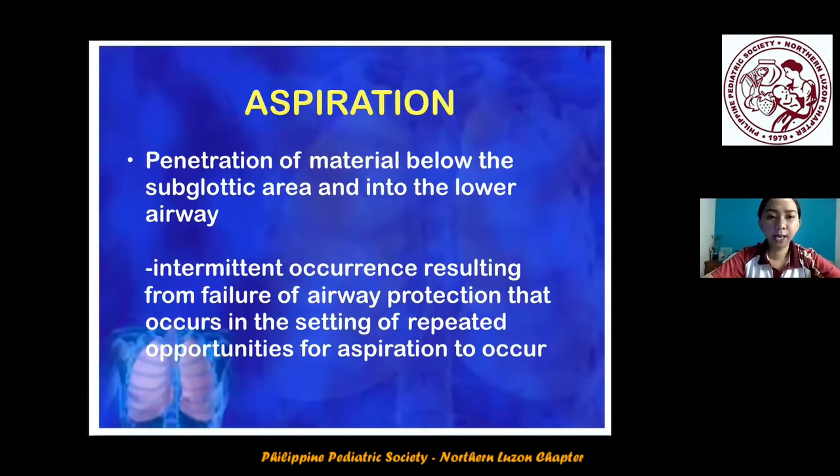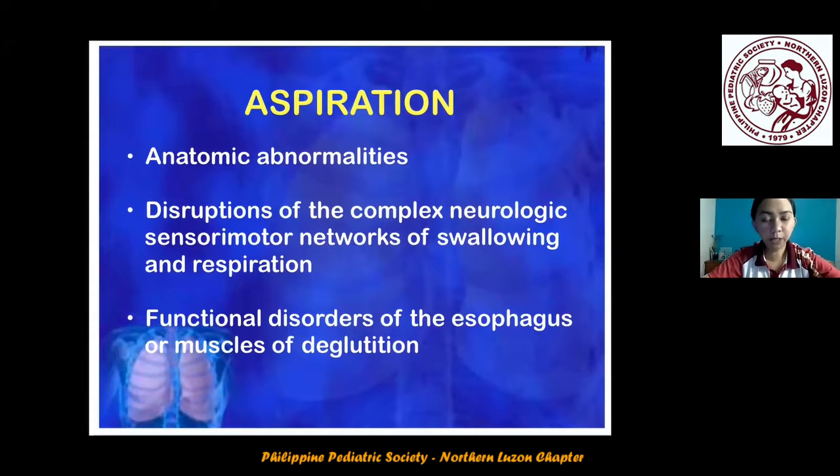Failure in coordination of swallowing and respiration may be due to anatomic abnormalities within the aerodigestive tract, or there may be disruption of the sensory motor networks of swallowing. And finally, there may be functional disorders of the esophagus or muscles of deglutition.